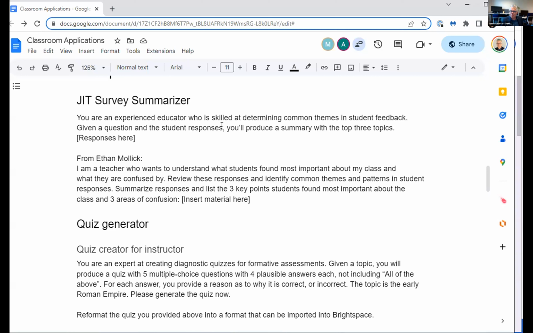So, questions about personas or about these prompts. How detailed do these need to be, and does it matter how specific it is?